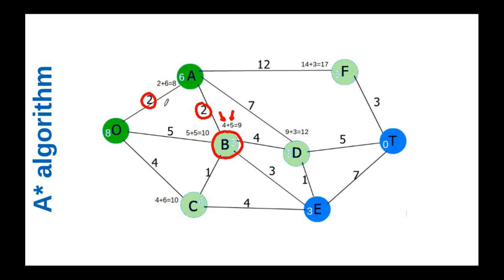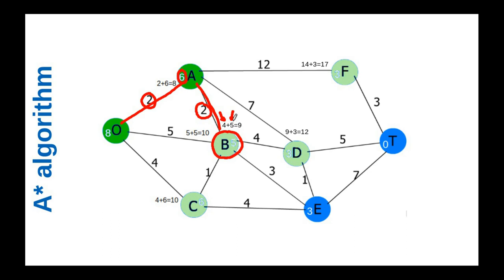Because it's the cost of going from O to B, but passing through A. As you can see, it's this route. So this route has a total cost of 4. You forget, as you can see in this case, the heuristics of A. You only consider the heuristics of the candidate. In this case, we have B as a candidate.